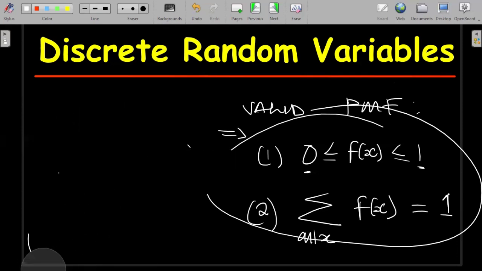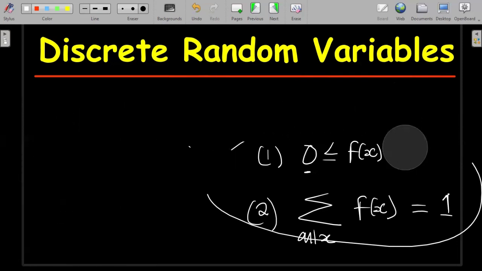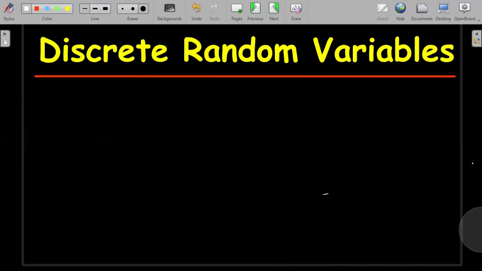All right, the other thing we need to know is how to calculate the expected value, the variance, and standard deviation, as well as how to calculate the cumulative probability. The cumulative probability is represented by a capital letter F, so we say capital F of x.